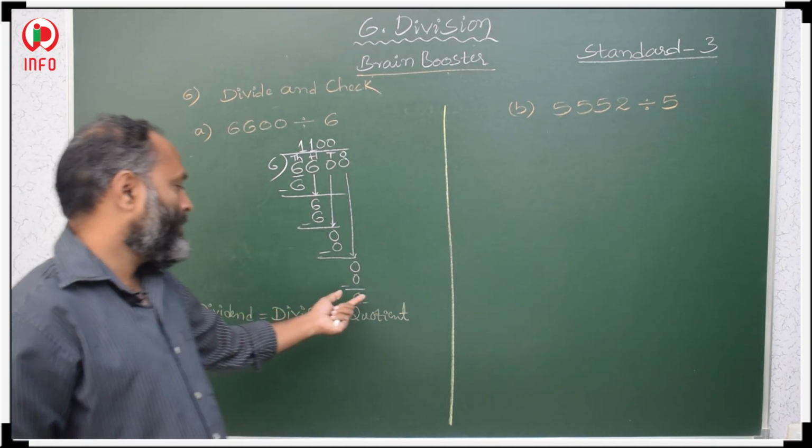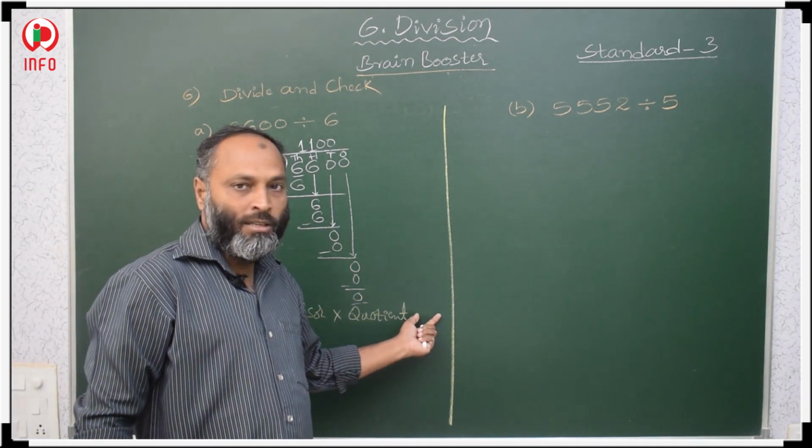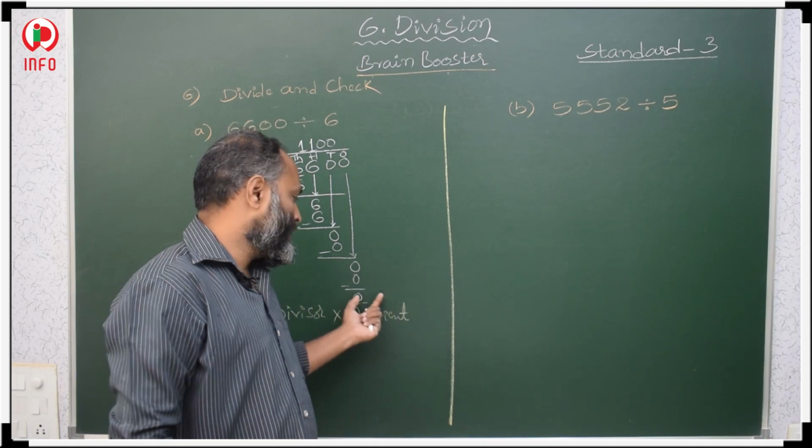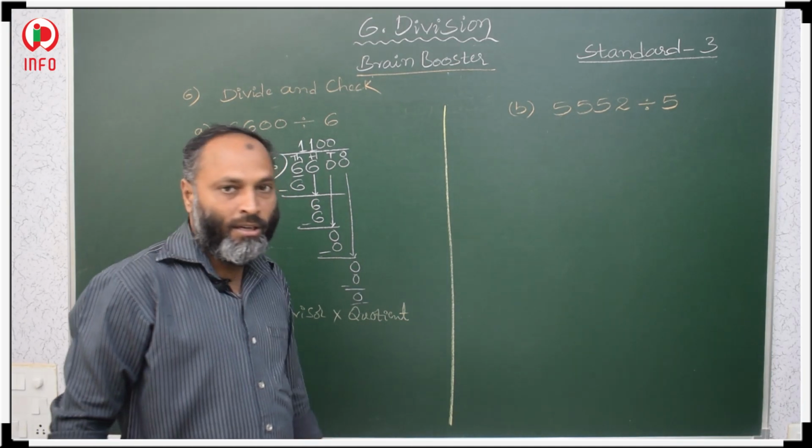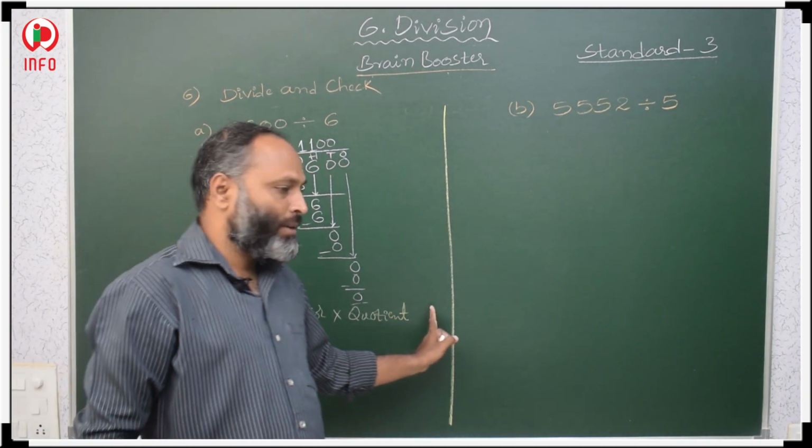When the remainder is 0, no need to take plus remainder. If some remainder is left after the completion of our procedure, then we have to take plus remainder also.